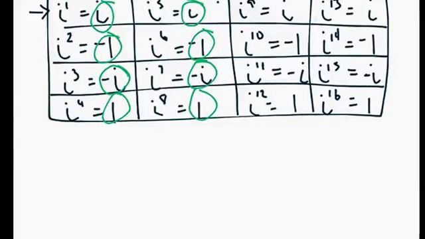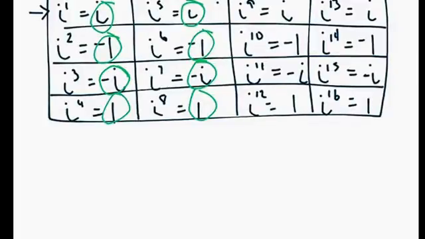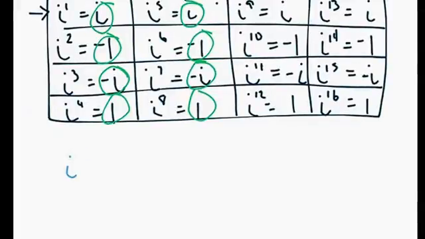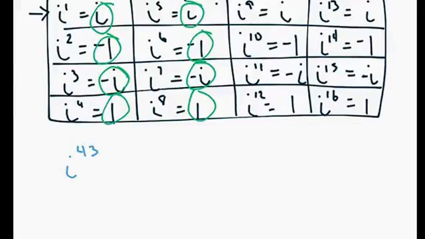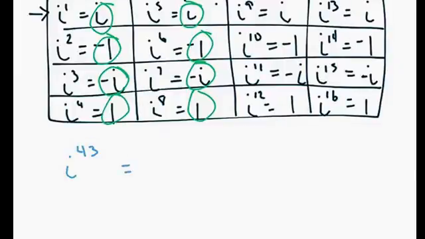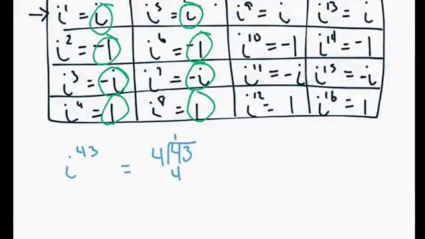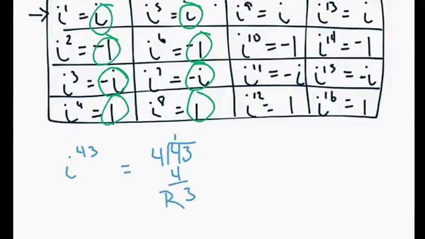So what we're going to look at is, what if we had i to the 43rd? Sorry, guys, my writing's getting bad. Well, for i to the 43rd, I could do 43 divided by 4. 4 goes into 43 ten times, with a remainder of 3.